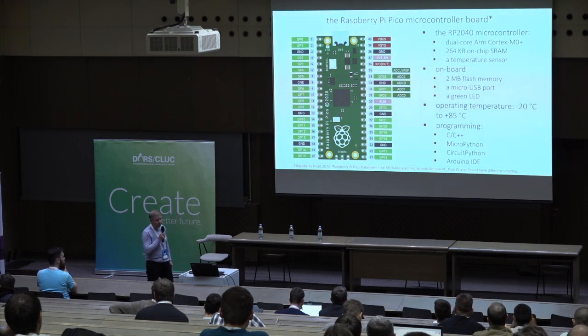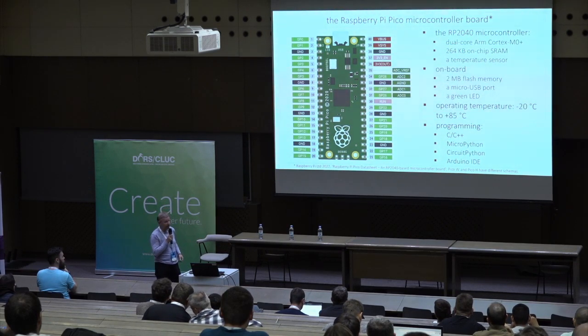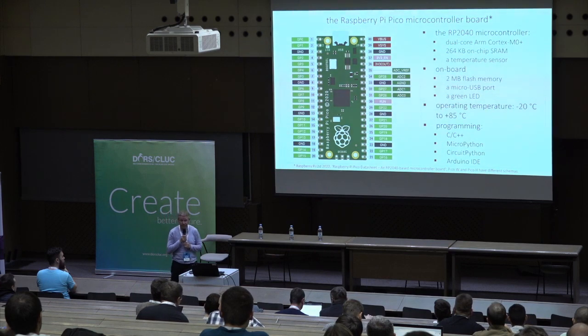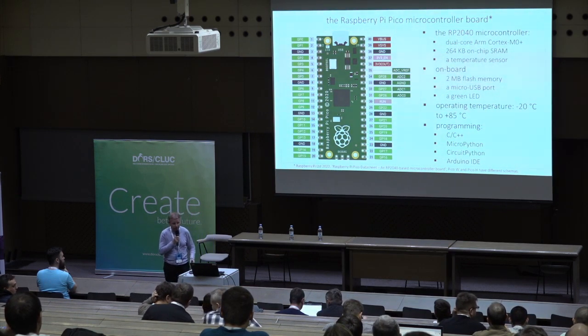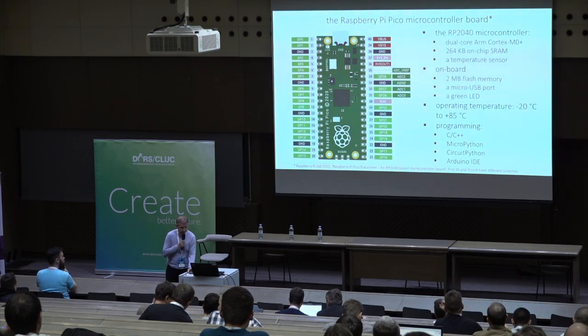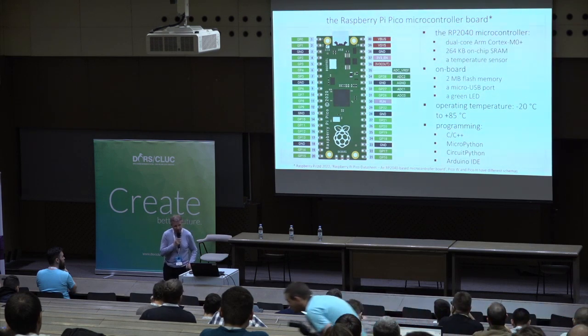RP2040 has 2 processor cores, 264 kilobytes on-chip RAM, and a built-in temperature sensor. On Pico's board is 2 megabyte flash memory, a file system, a micro USB port, and a green LED as well.